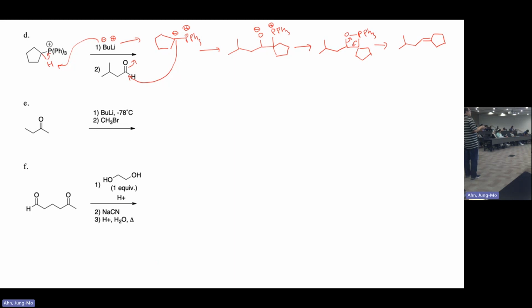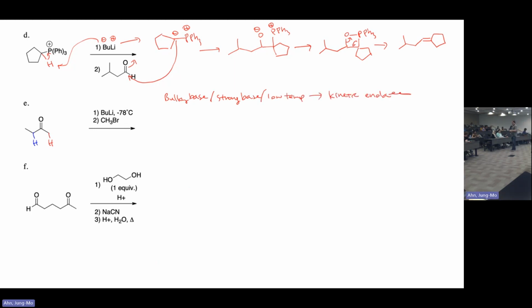All right, the second reaction here, we got a ketone. Butyllithium is a strong base and then low temperatures. So we have a ketone here, but you notice that there's an ethyl group here, a methyl group there. We got two differently substituted alpha carbons. So this almost looks like a question about the thermodynamic enolate and kinetic enolate. So I just want to remind you, what makes a kinetic enolate?